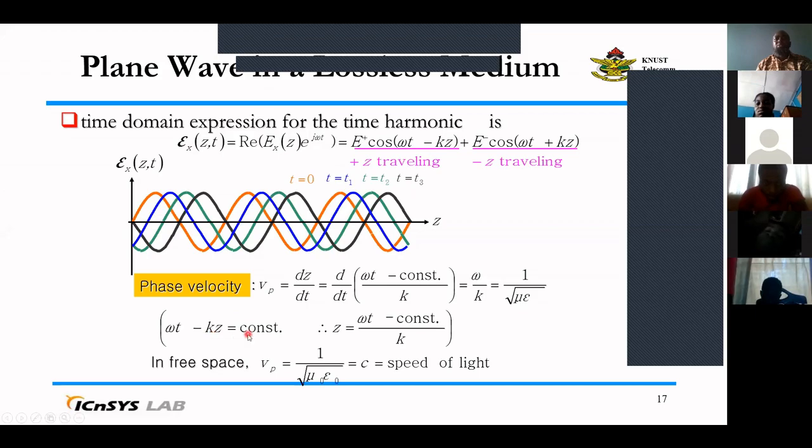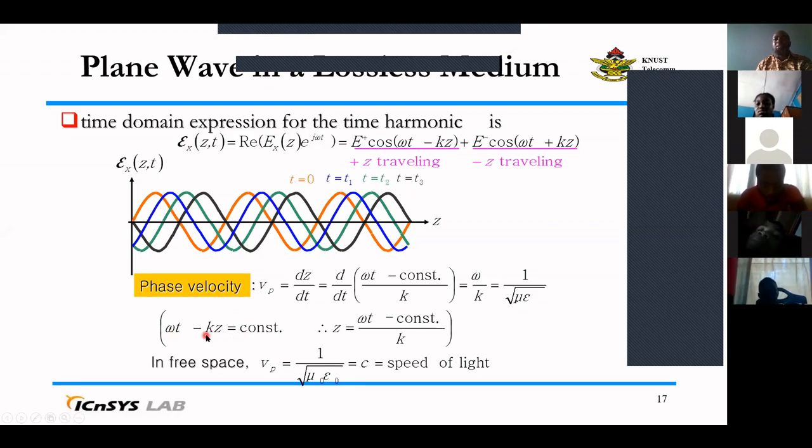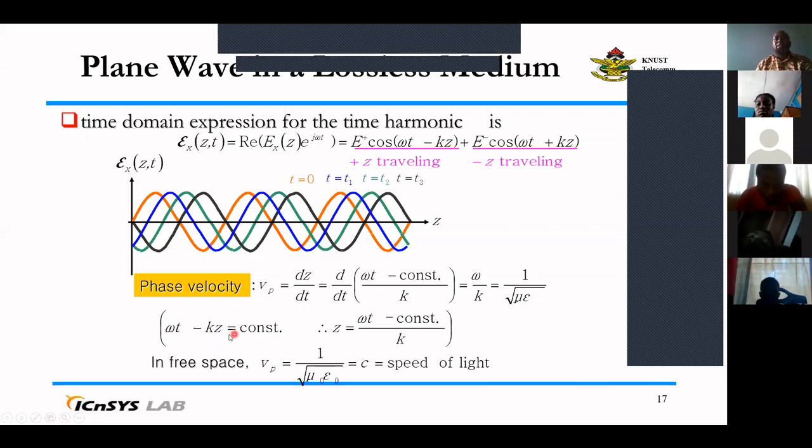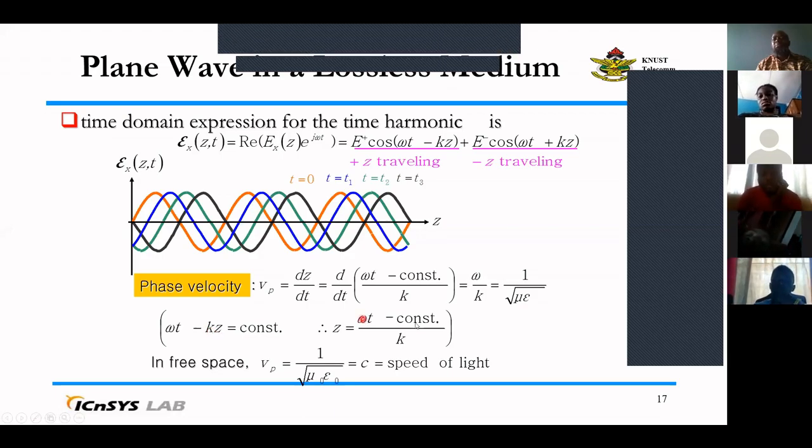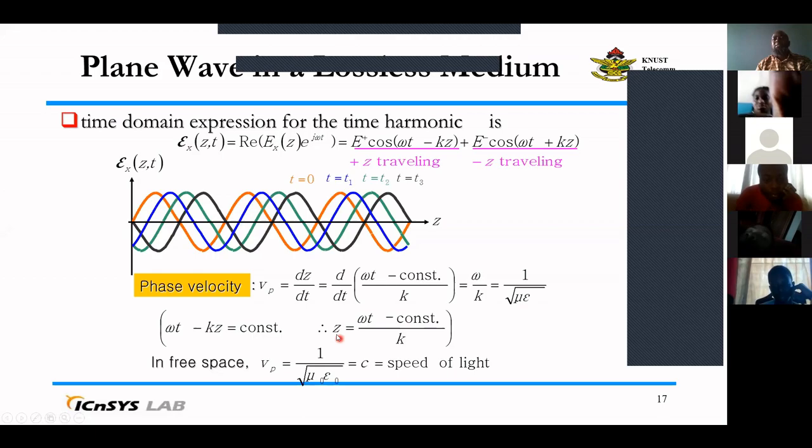Or we can write that z here, if you make z the subject, should be equal to constant plus ωt divided by k. We have to take kz to the other side, and this will be ωt minus constant, and divide by k, we get z. So z is (ωt − constant) divided by k.